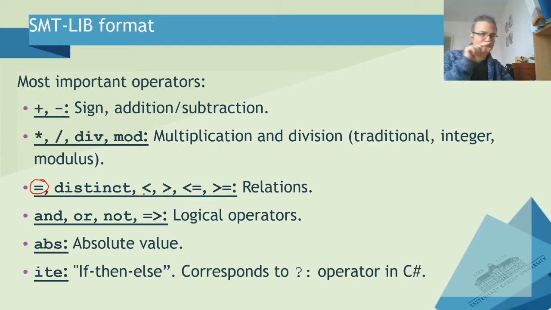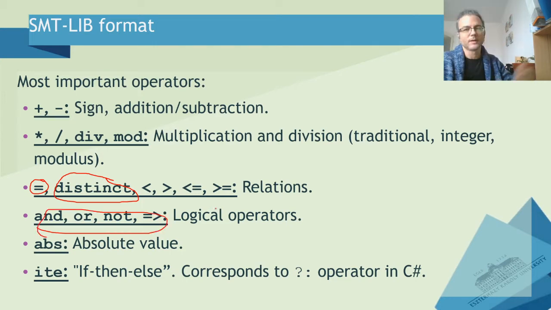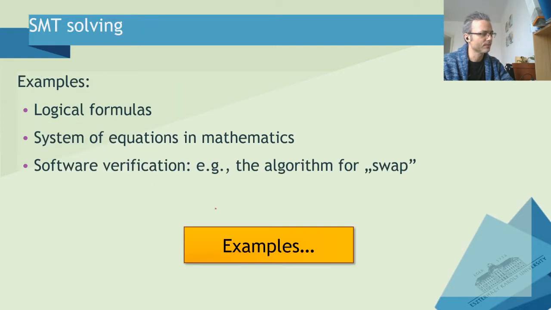Here you can use this simple equality sign, not the double one. Distinct stands for non-equality. You can use logic operators and so on. You can understand the rest if you read about them in the lecture notes.